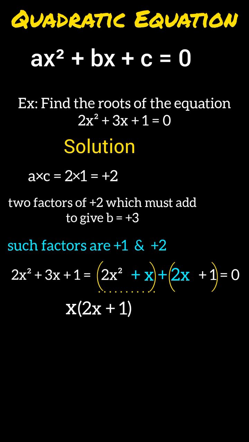Then we move to the next bracket. Notice that the sign which I brought out from the bracket is plus. Generally, the first sign of the number there is what we bring out. If it is minus, we bring out that minus. If it is plus, we bring out plus. Now, in that bracket, we have 2x plus 1.